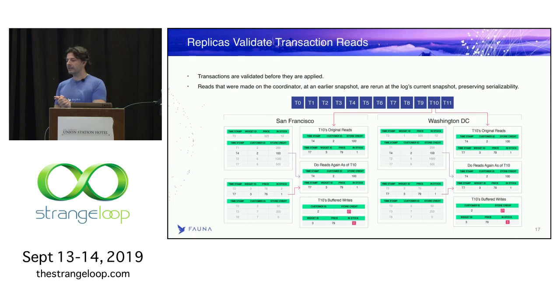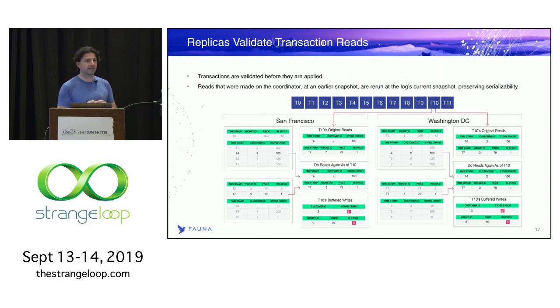And eventually, the nodes that store data in every replica will be reading the log, and they get to T10. Both the San Francisco replica and the Washington replica will read the transaction, and they need to rerun the reads at the transaction's new time.